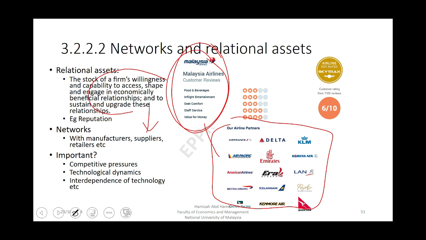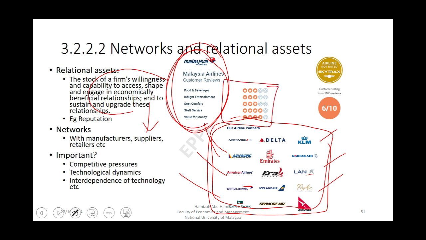So what they do, they have to build networks with other airlines. And these airlines will only network and create relationships with Malaysia Airlines if Malaysia Airlines has a good reputation, because they are serving each other's customers as well. So this is how companies can gain and sustain competitive advantage.